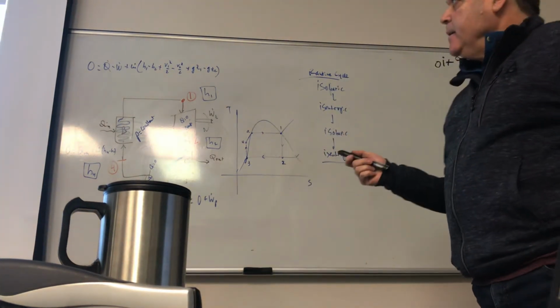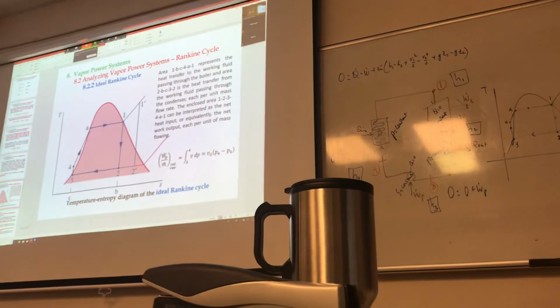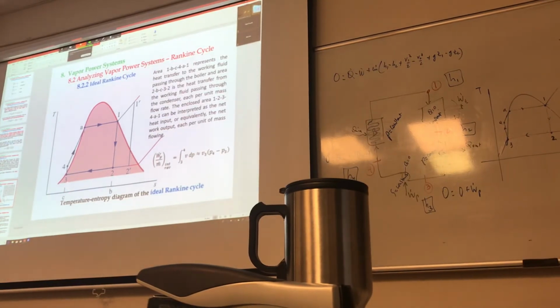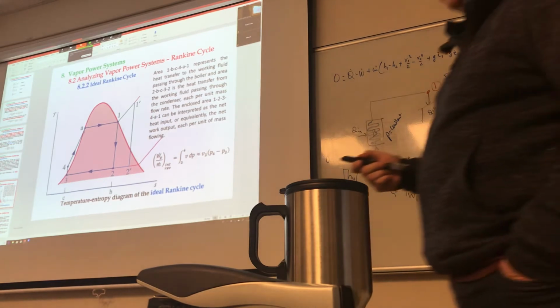So let's see here. Area 1, B, C, 4A1. Remember, the area under the TS curve represents what?